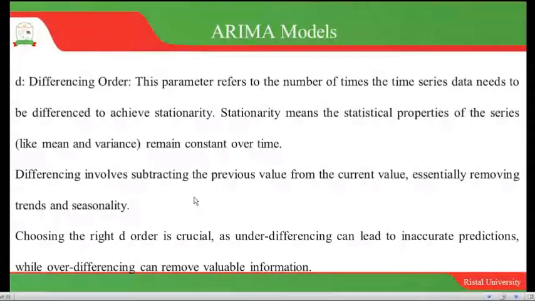Then moving average terms: this parameter represents the number of lagged forecast errors, the difference between predicted and actual values. Remember, we said at the start that sometimes what you predict and what happens in the future may not be the same figure. The moving average terms look at what we predicted.